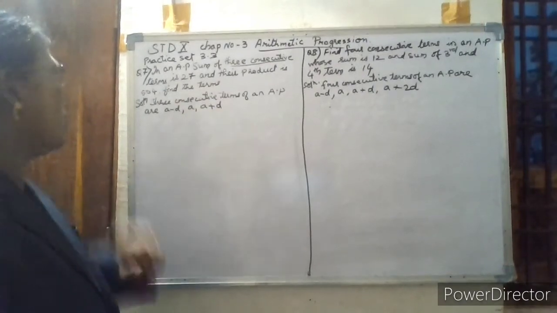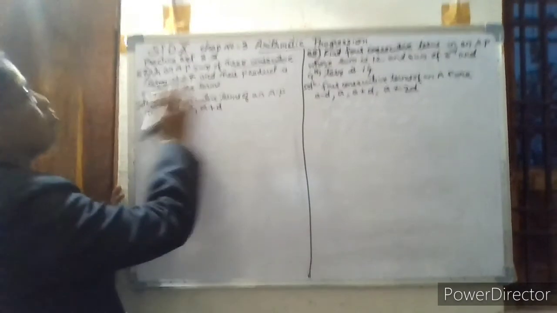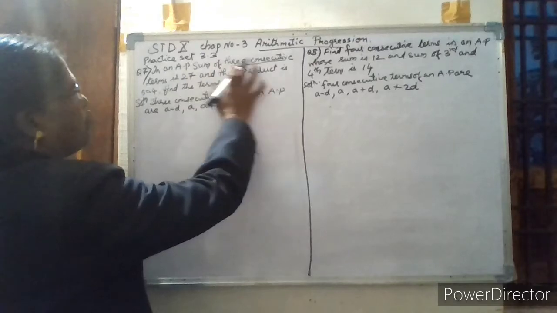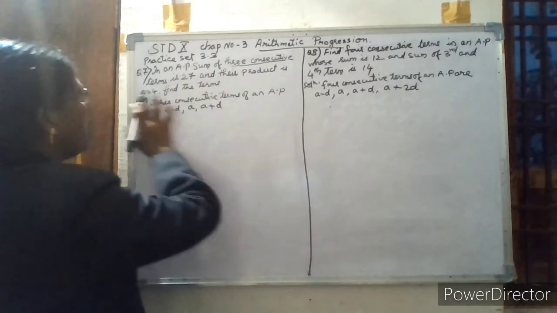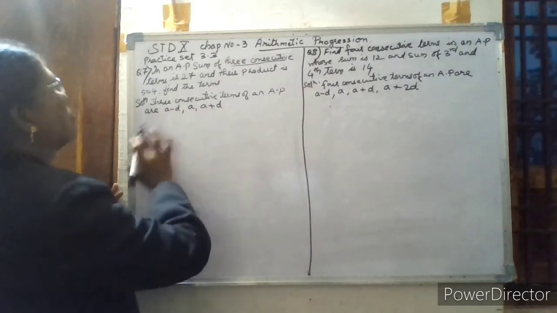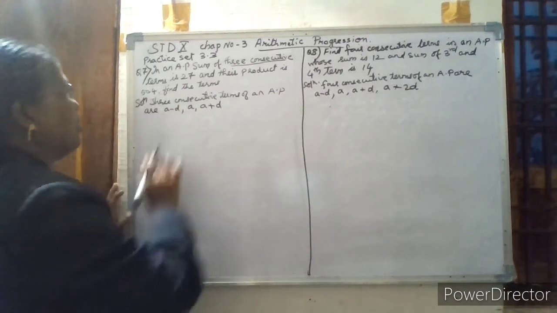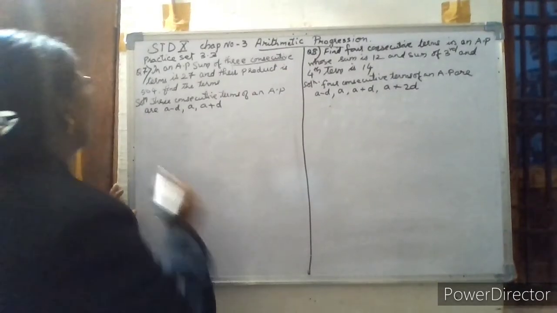So there are 2 conditions given: the sum of the 3 consecutive terms is 27 and the product of all these 3 consecutive numbers is 504. So find the terms. By the first condition let us go.